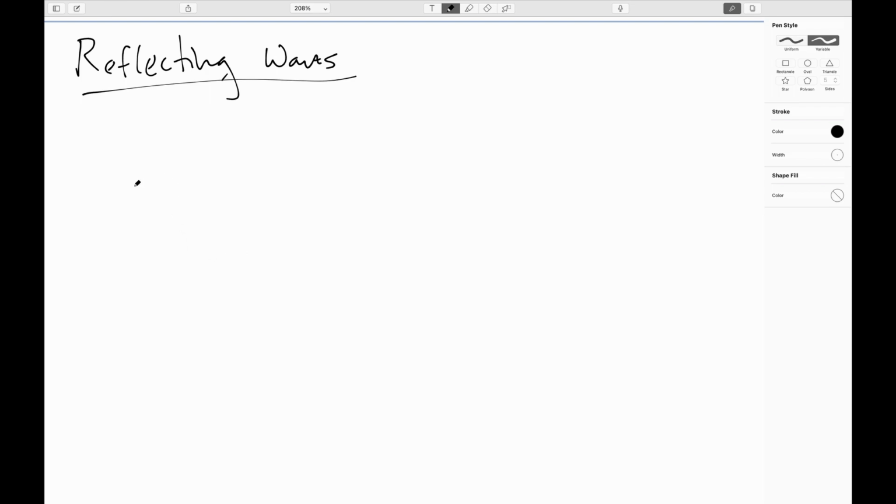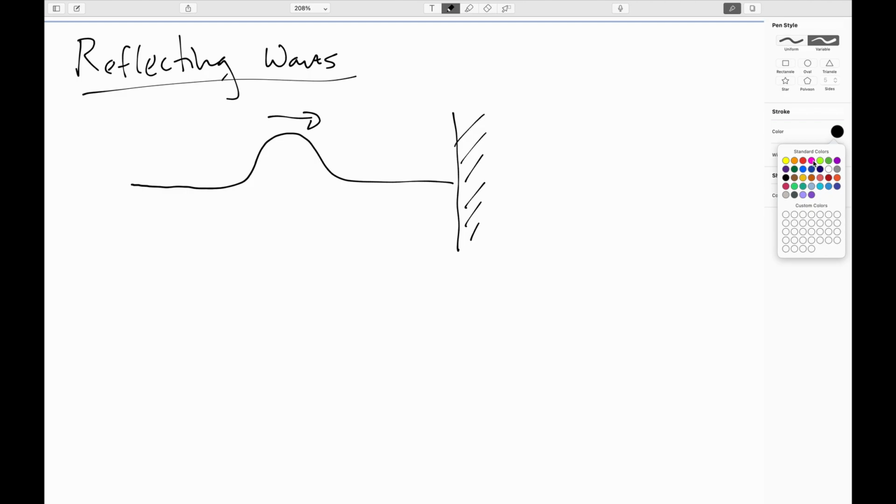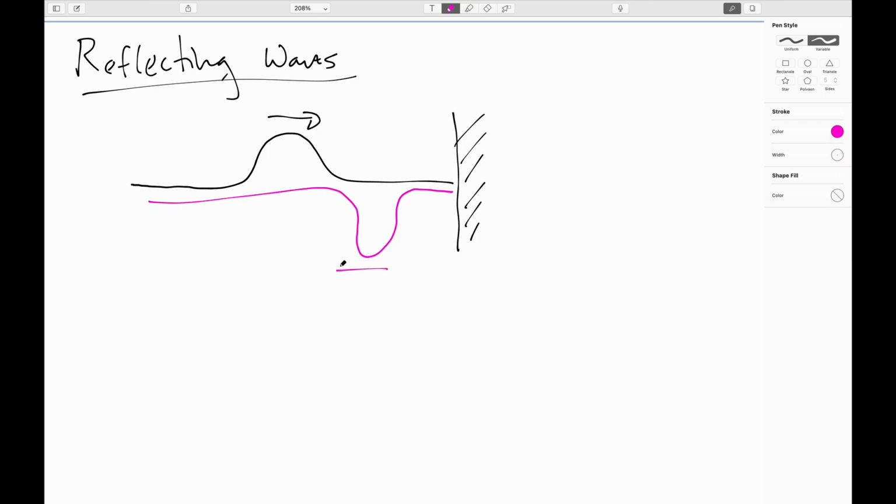If you snap a wave down the string, just a pulse, and the end is tied down, when you watch the pulse come in and reflect back off the boundary, you are going to see it reflect back upside down of the way it came in.